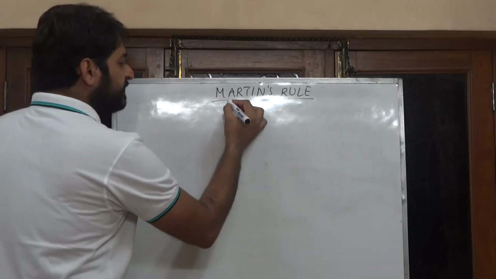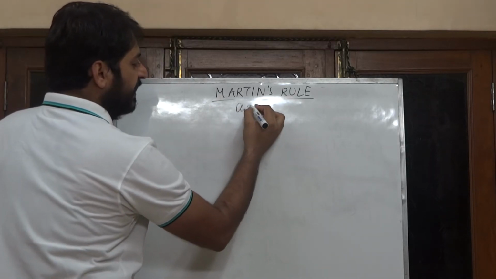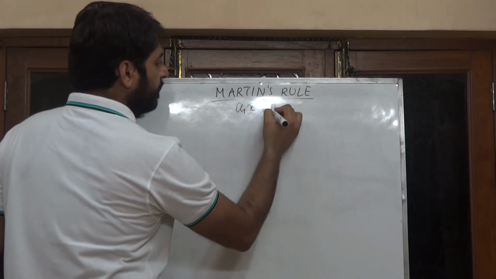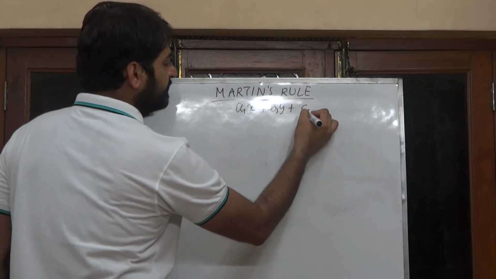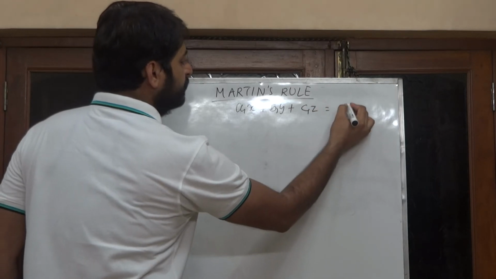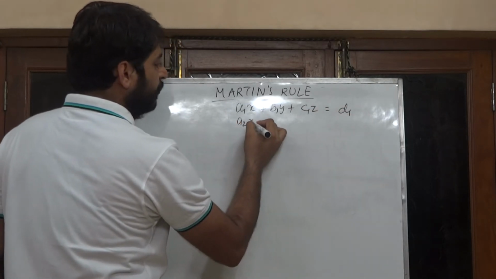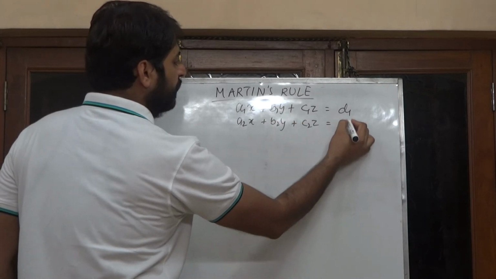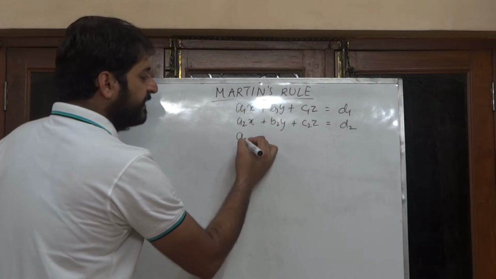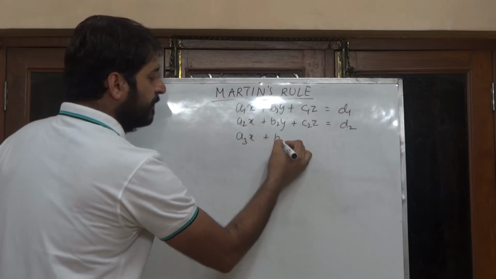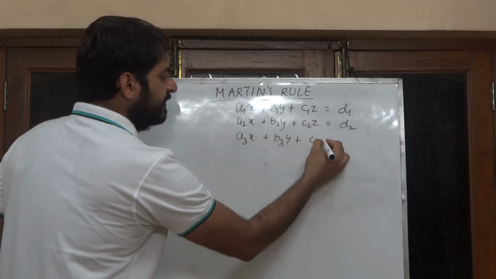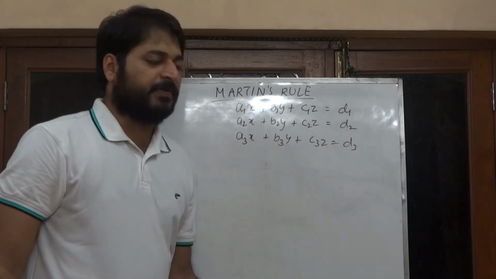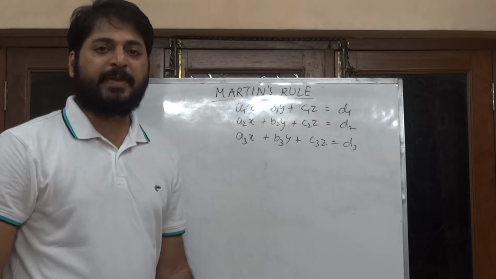Let us generalize the 3 equations as a1x plus b1y plus c1z equals d1, a2x plus b2y plus c2z equals d2, a3x plus b3y plus c3z equals d3. What we will do, we will put them into matrices.